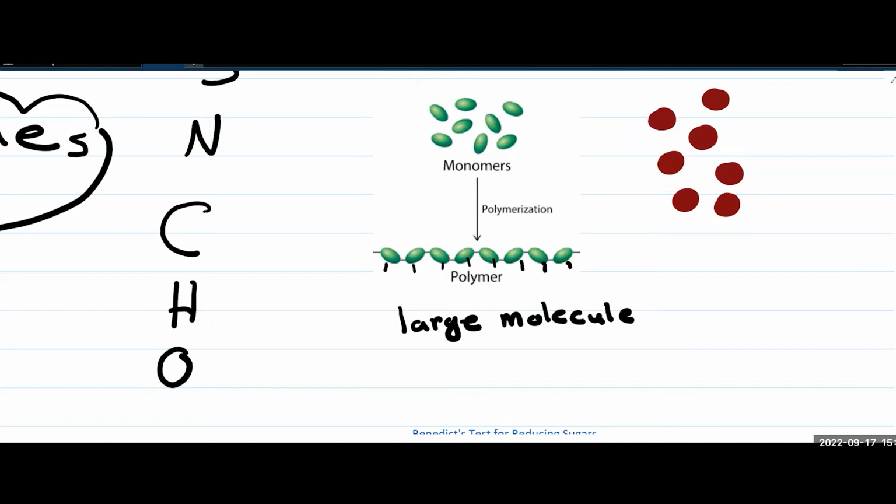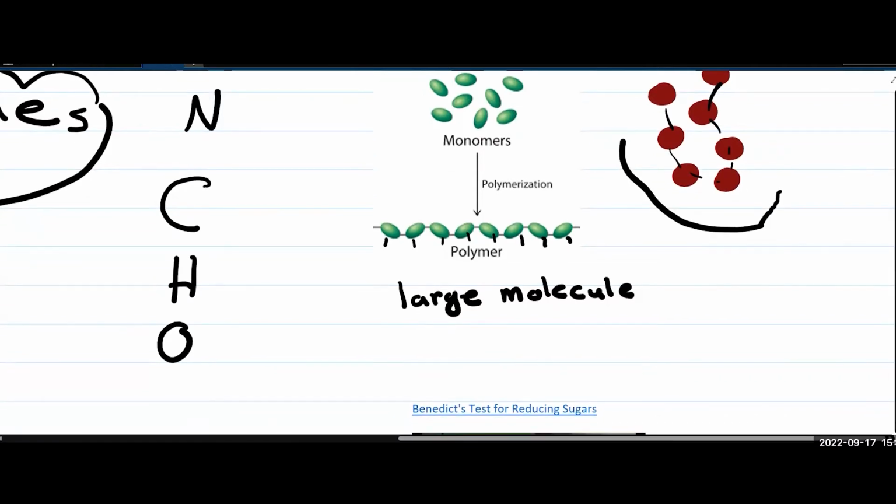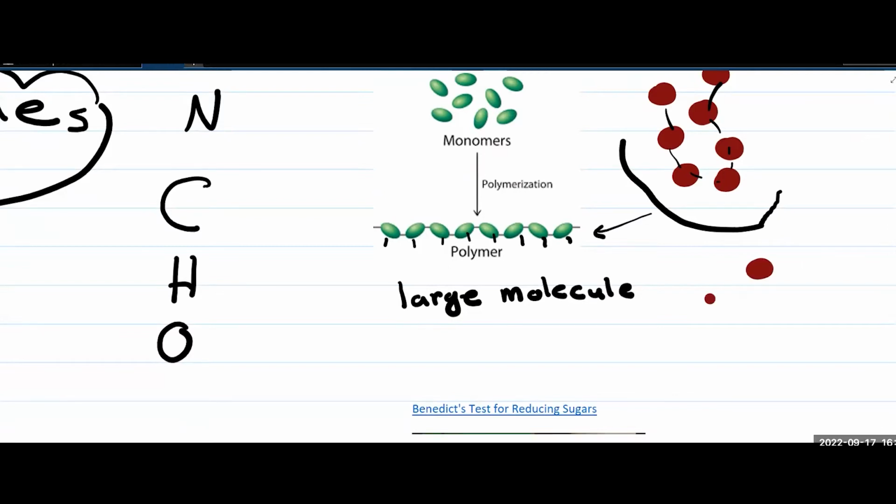They have beads and they can connect these beads together to make a bracelet or a necklace. This as a whole will be the polymer, and each single bead is called a monomer. As I said, mono means one, poly means many. So the polymer is a large molecule made up of smaller units called monomers.